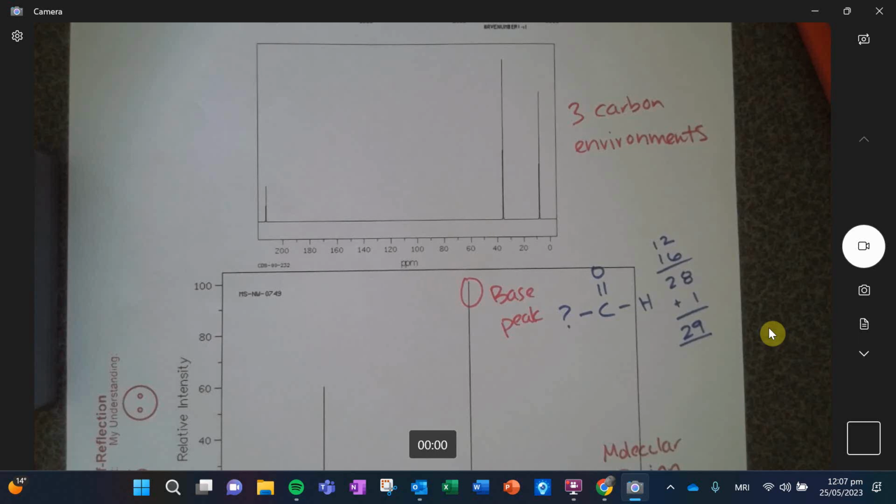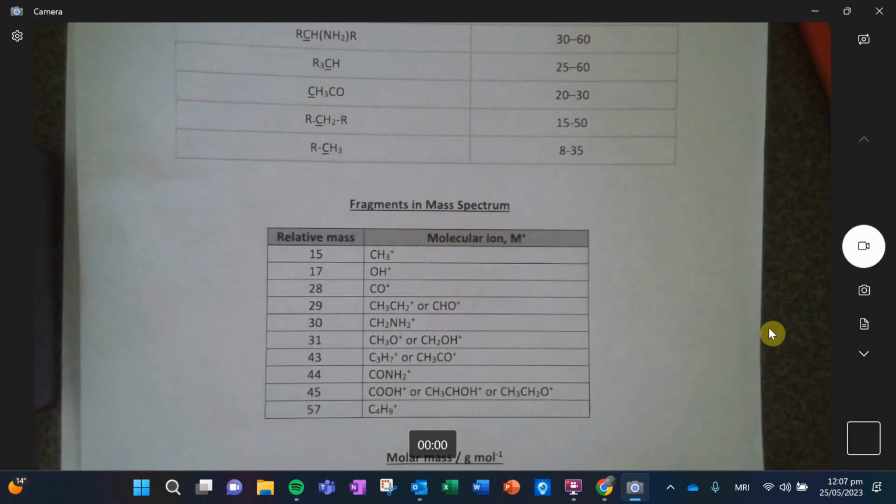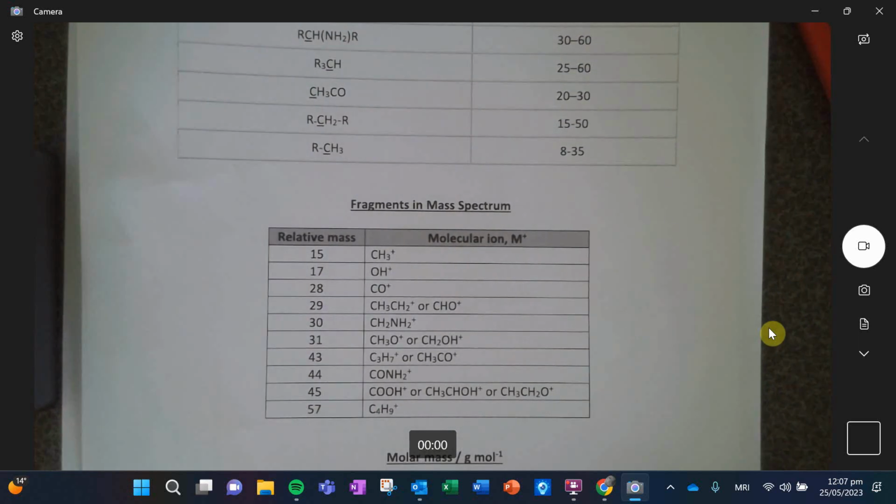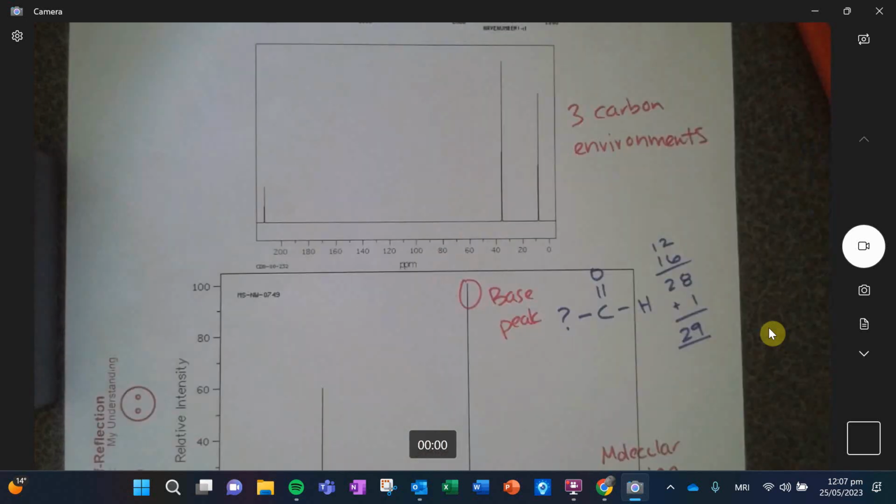Here's a little hint on the resource sheet on the back side. I give you a list of common fragments if you haven't figured that out already. This one here, the CHO, that's 29 because that one is the C double bond OH. So there are some shortcuts there if you want. We'll use it more next week, but I just want to show you that some of them are there.